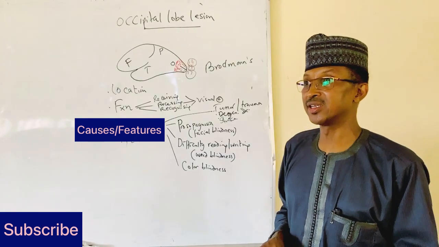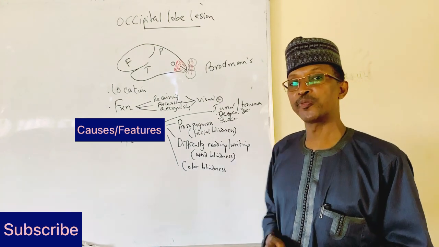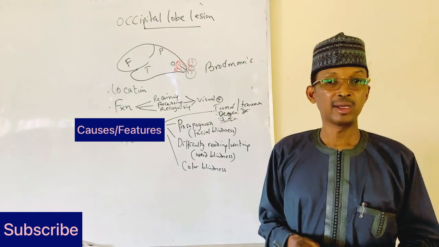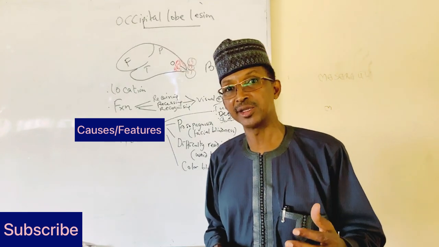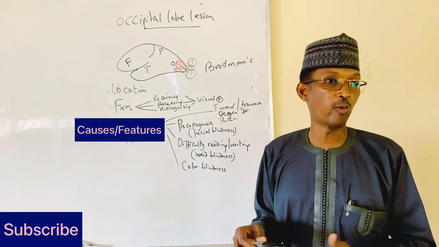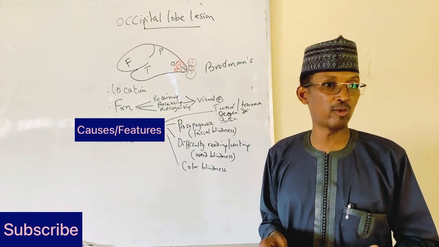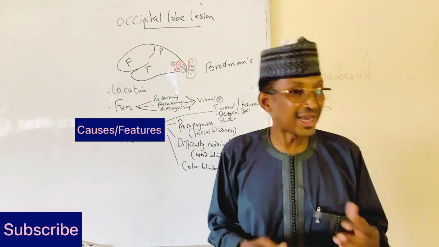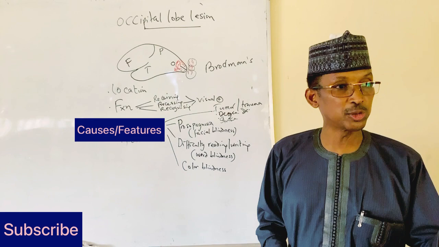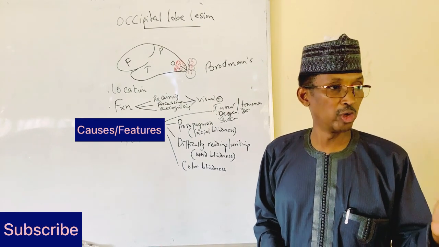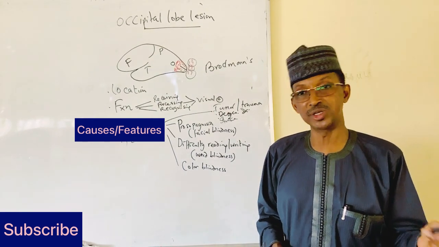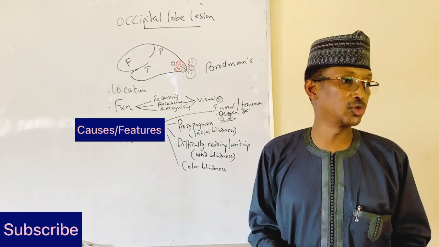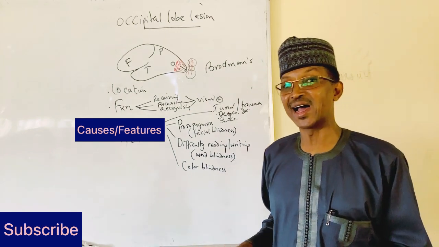So somebody with an occipital lobe lesion will not be able to differentiate or understand the difference between red and blue, or black and white, or whatever. That person will have a problem with color identification. You ask him which color this is, and he will not be able to tell you, because he doesn't know what it is. Or you give him a red marker and ask him which color it is, he will not be able to tell you. That is what we call color blindness.